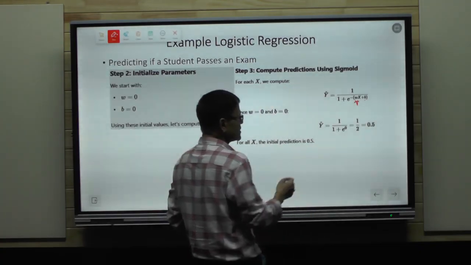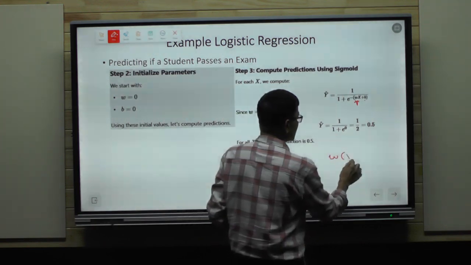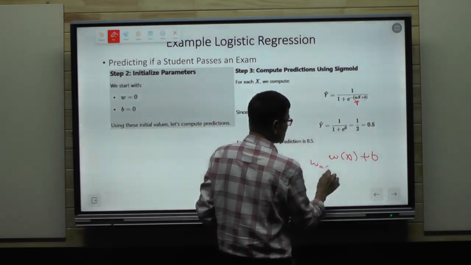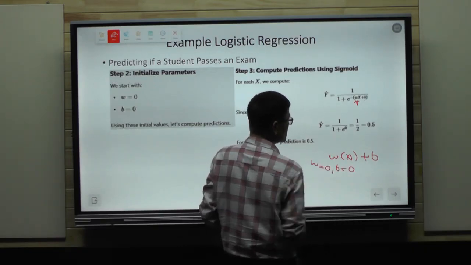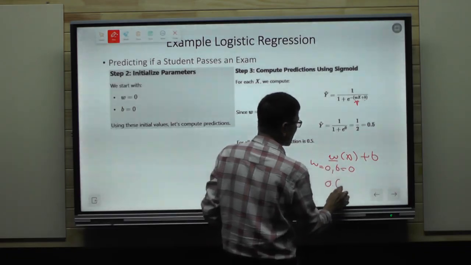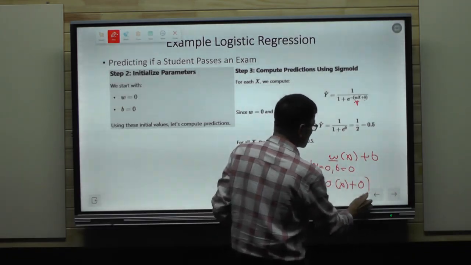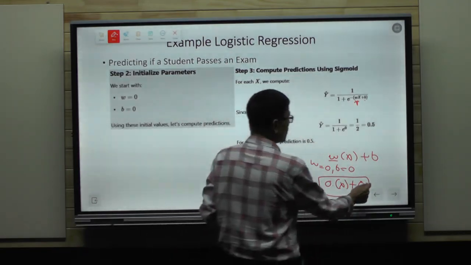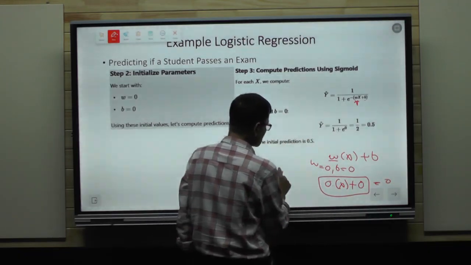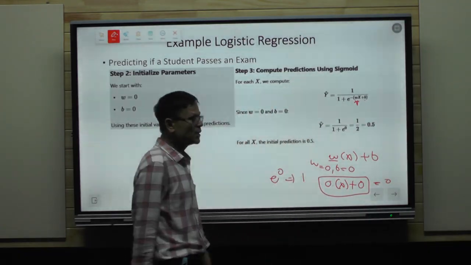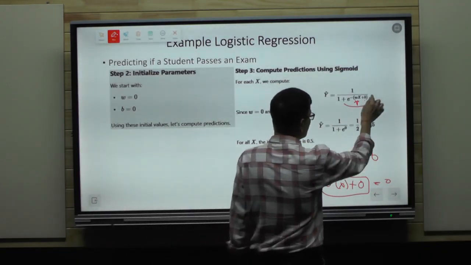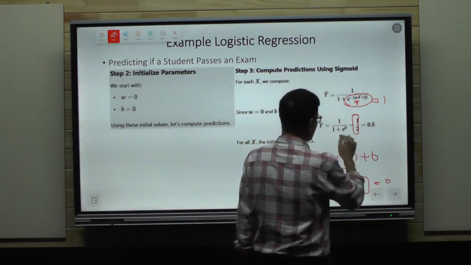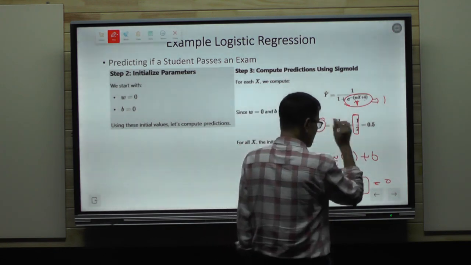Since w equals 0 and b also equals 0, the product becomes 0 multiplied by x plus 0, so it evaluates to 0. e to the power 0 is 1, so the entire expression evaluates to 1 over 1 plus 1, which is 0.5. This is the predicted probability in the first iteration.